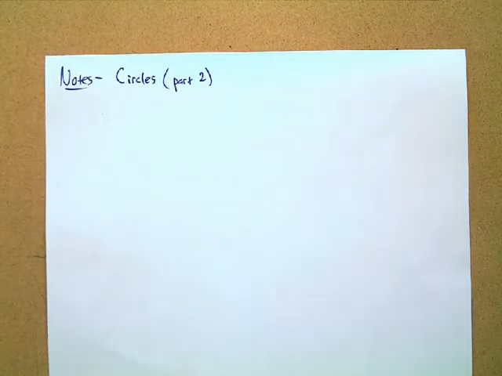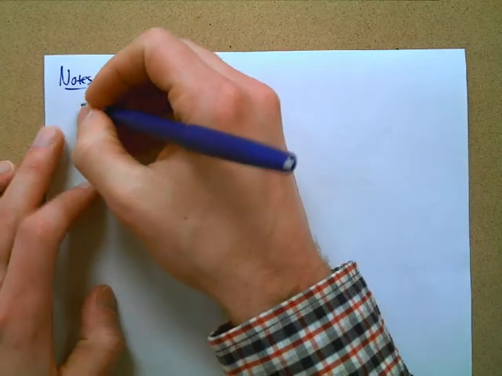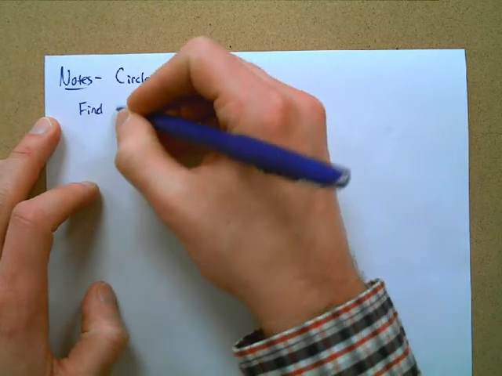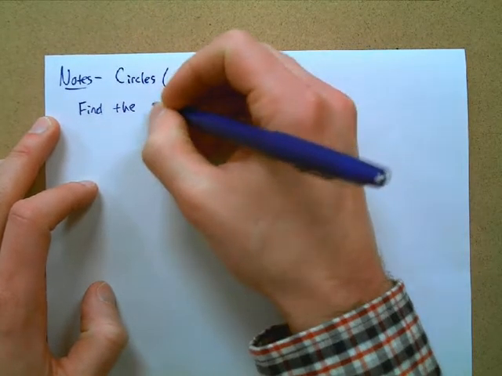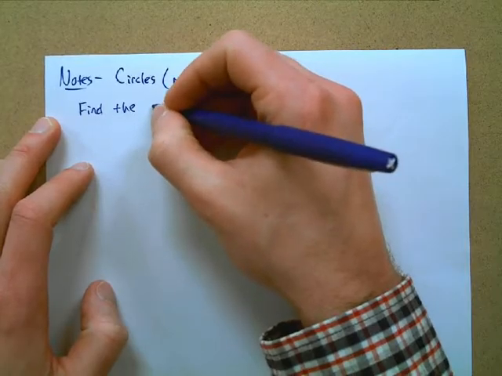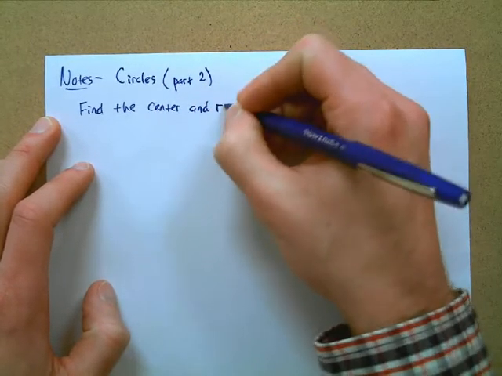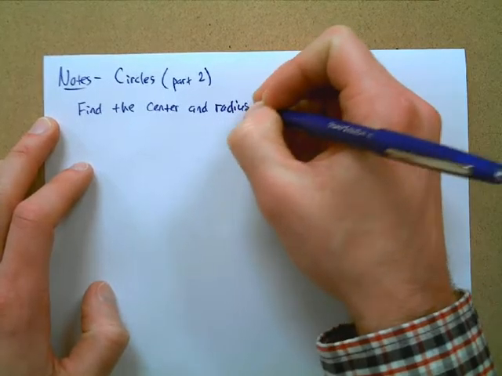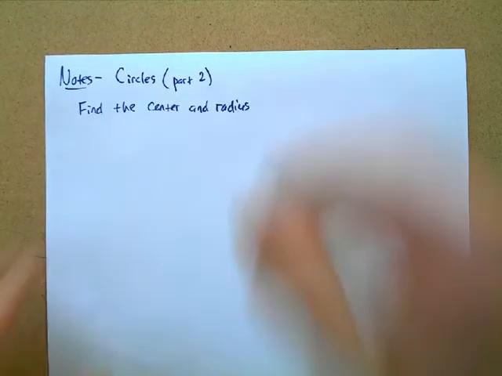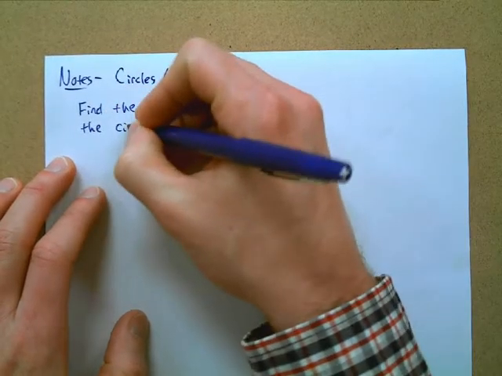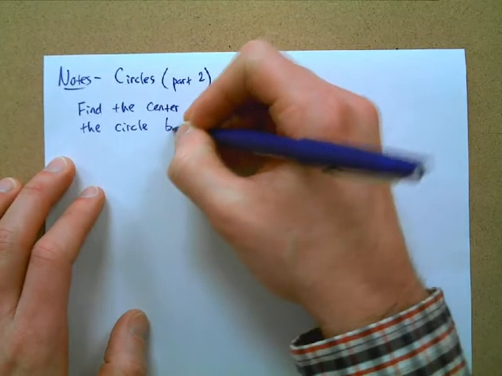All right, so much like one of the questions we had in the homework directions, I just want to start out with a question or a problem, so to speak. Let's find the center and radius of the circle below.